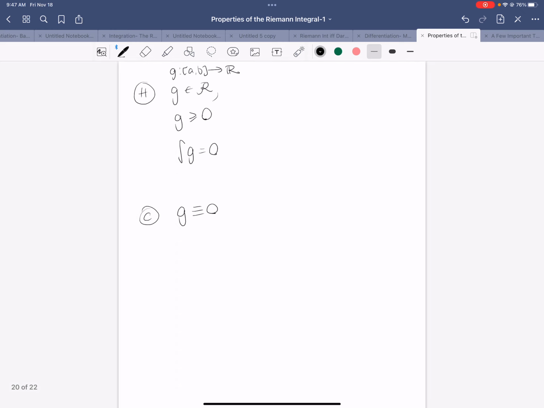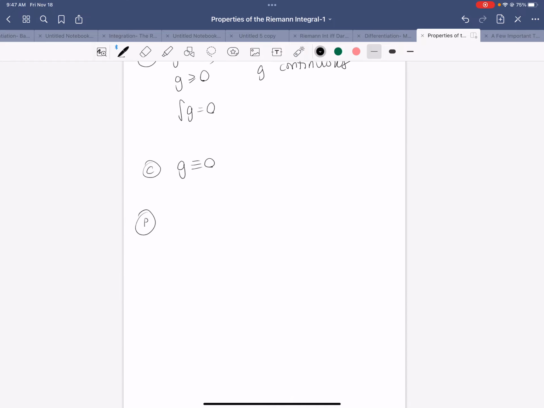So what we're saying is if you have a function that's continuous, and it's bigger than or equal to 0, and its integral is equal to 0, then that function has to be the 0 function. And so the proof, I'll do the sketch of the proof. What we do is a proof by contradiction.